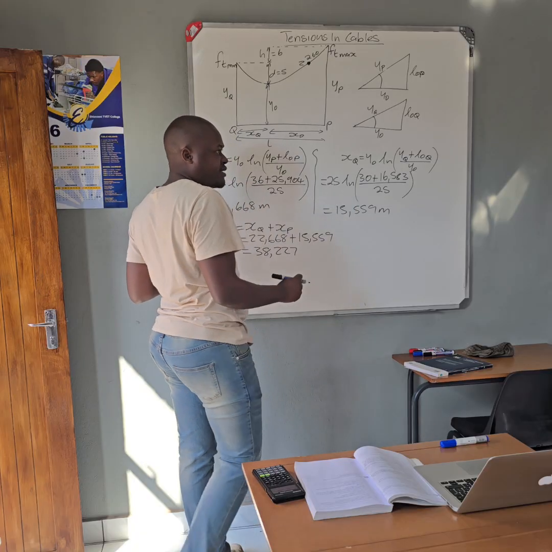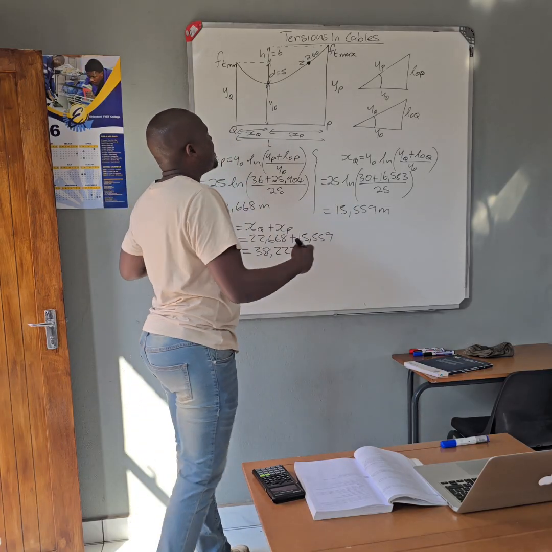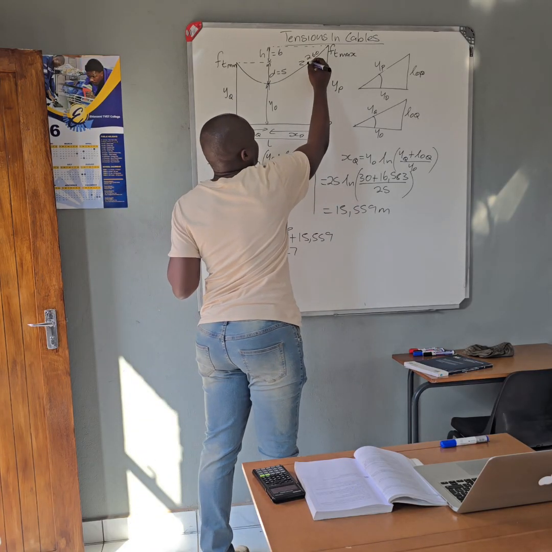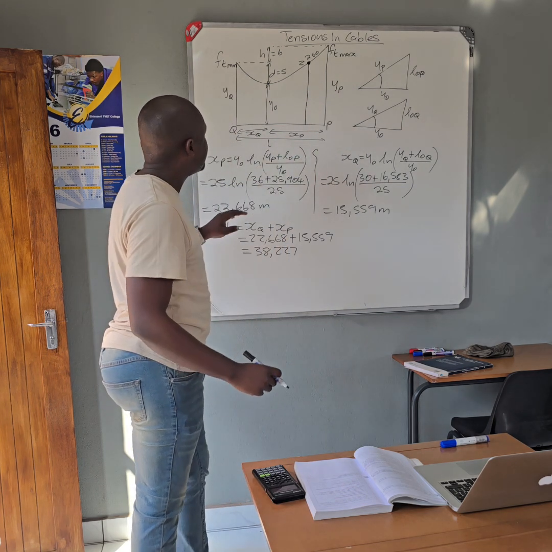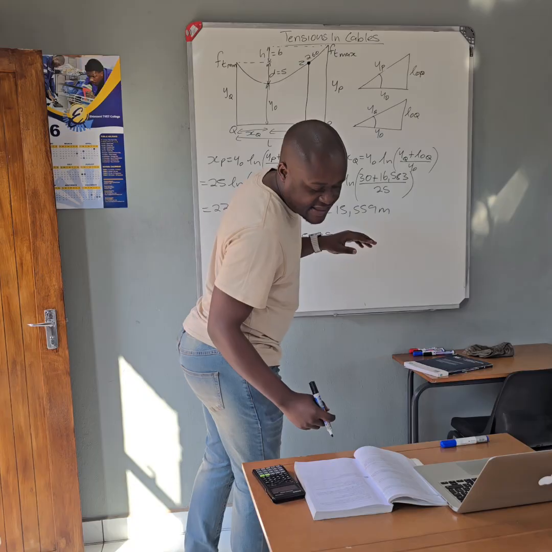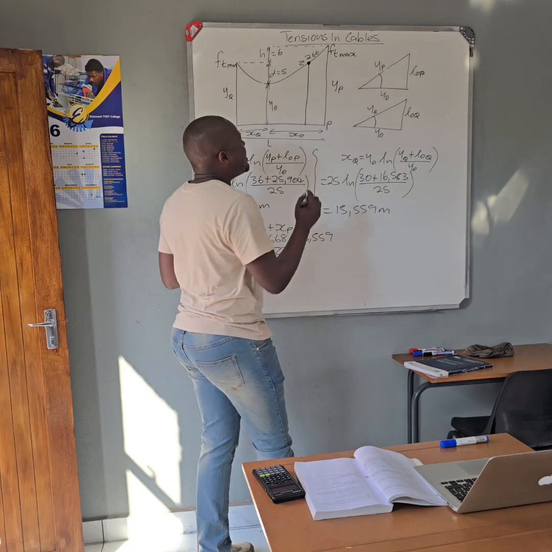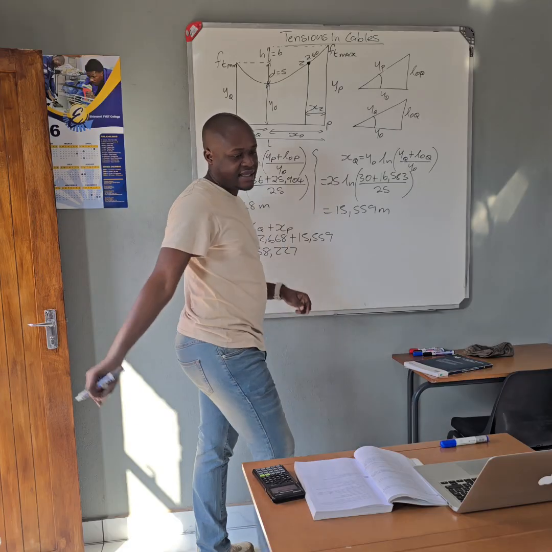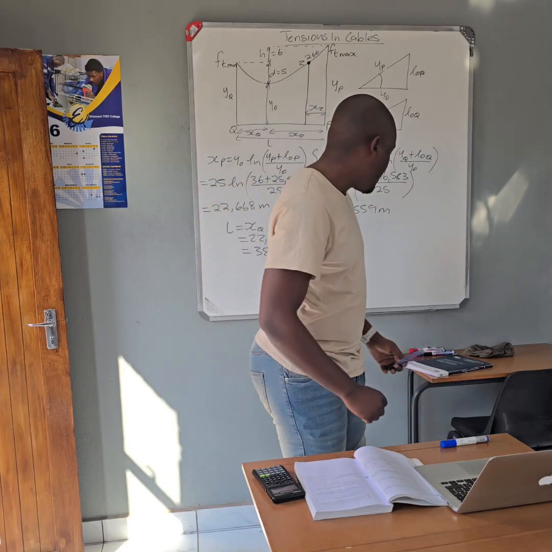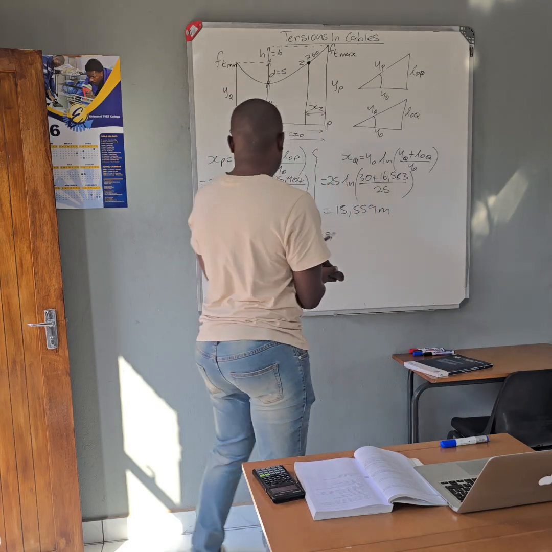So let's treat it like our support. Let's say this is a support here. We want to find the horizontal distance here, we want to find XZ. This is what we are going to do.